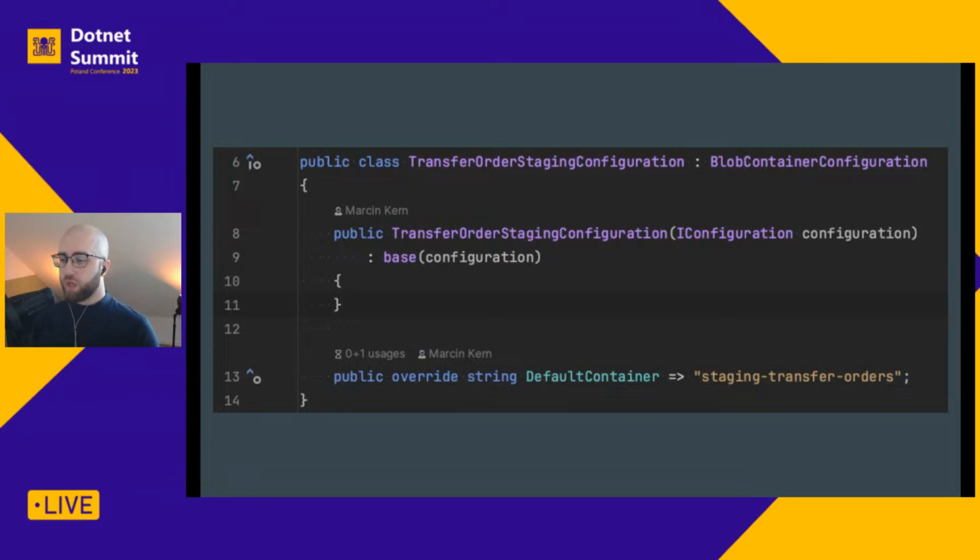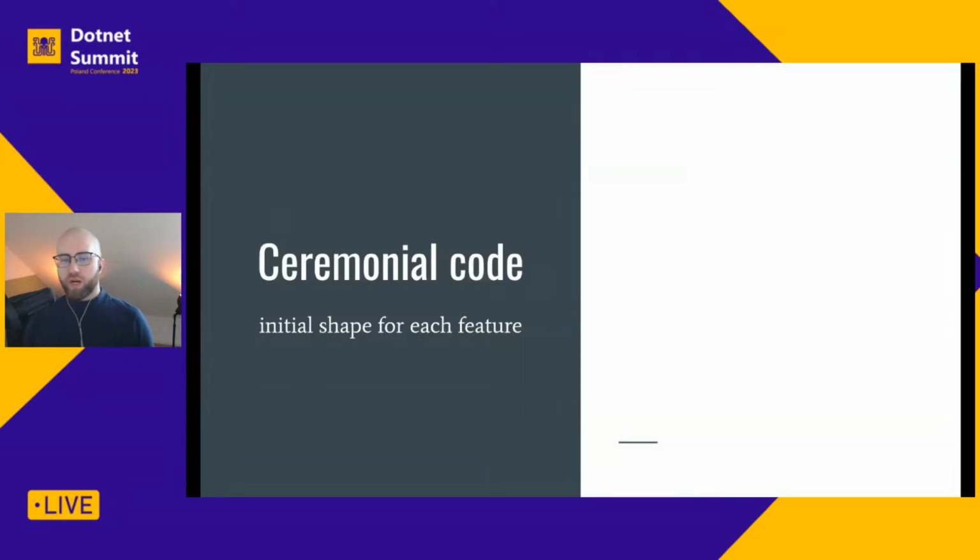So just so you know, if you want to stage the message, you have to have the staging configuration for this particular feature, right? And it's kind of empty, right? There's nothing in here. The only thing that actually makes sense is on line 13, which is the name of the container of the blob storage, right? That's the whole thing.